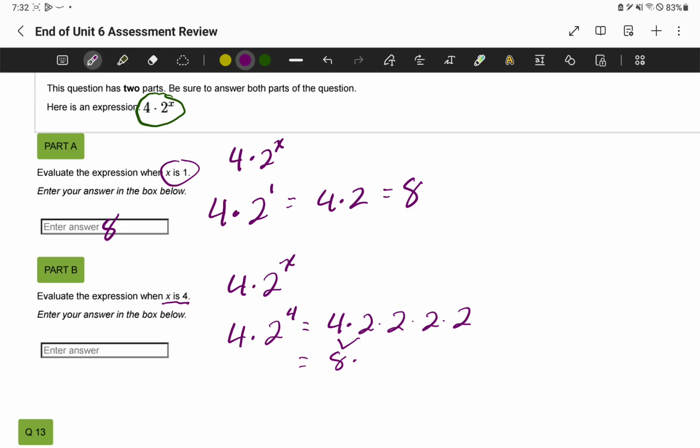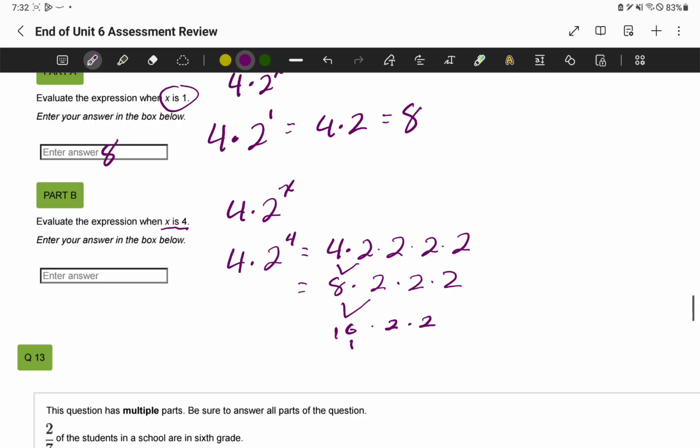Do not add. Please, please, please do not add. You guys keep doing that. Okay, so now we've got 2, 2, 2. Well, 2 times 8 is 16. Well, 2 times 16 is 32.